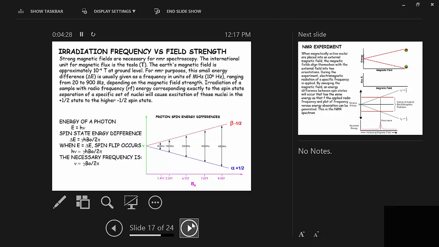We have to upgrade the computer and upgrade some of the other components, and we unfortunately don't have enough money to do that, and so the NMR is just dead, sitting in the lab over there next door. But it's one of the most powerful tools in organic chemistry for structural analysis.